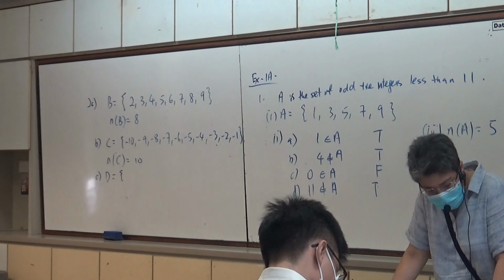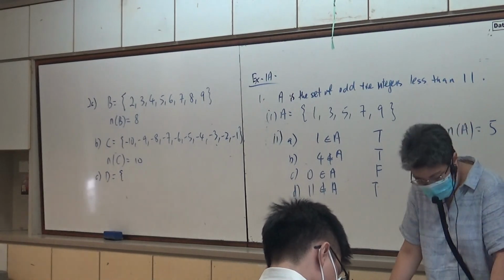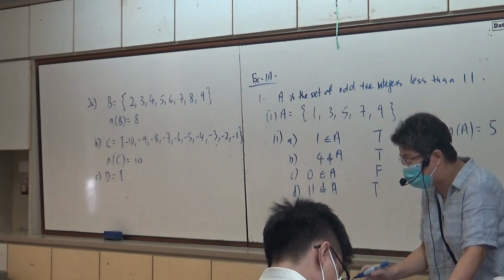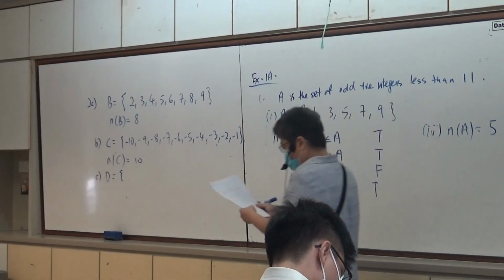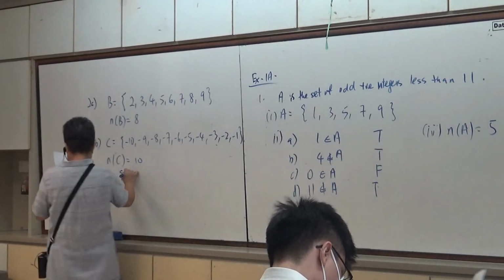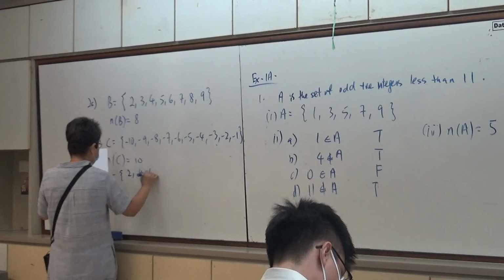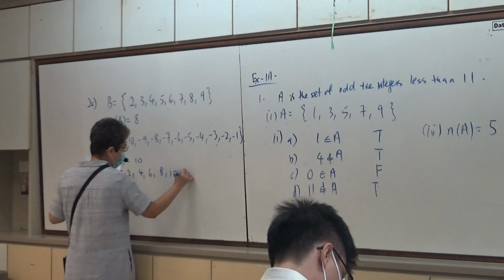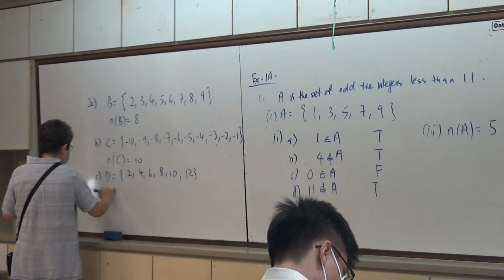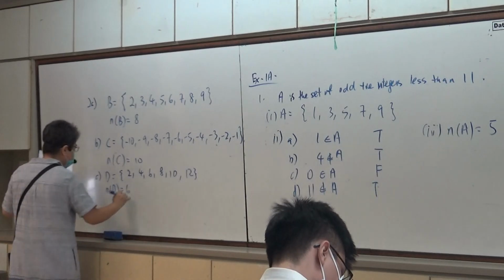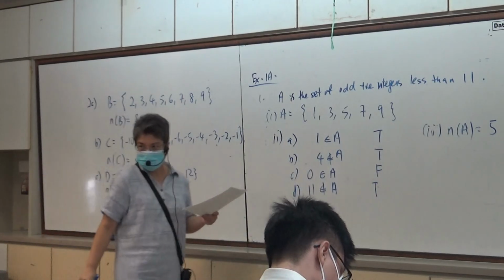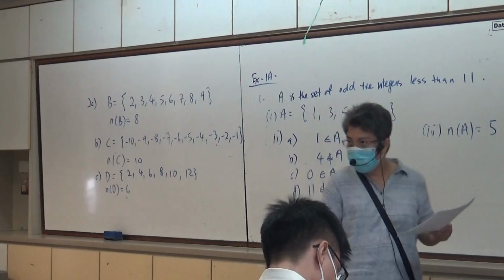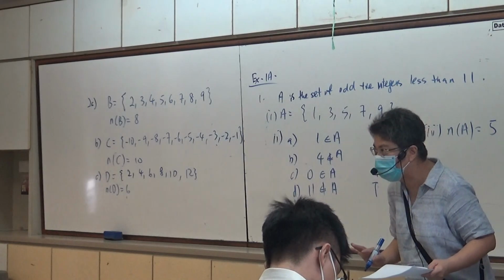Positive even integer, right? Yes. So, can you tell me start from what? 2. 2, good. Then 4, 6, 8, 10 and 12. So, number of elements in D will be 6. Are we all clear now? Are we all clear now how to present?